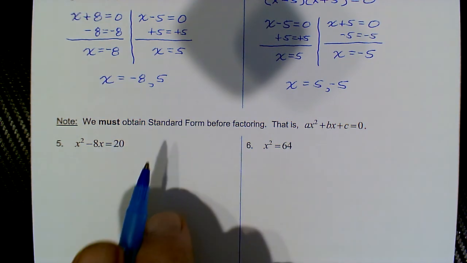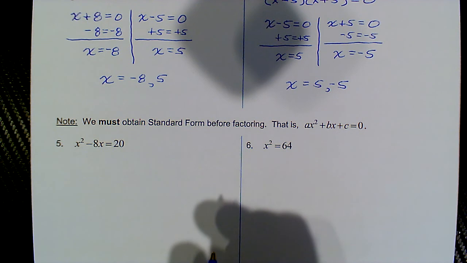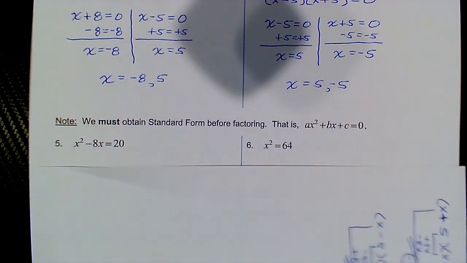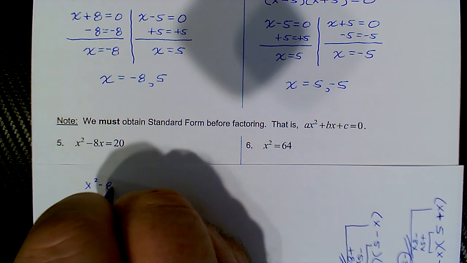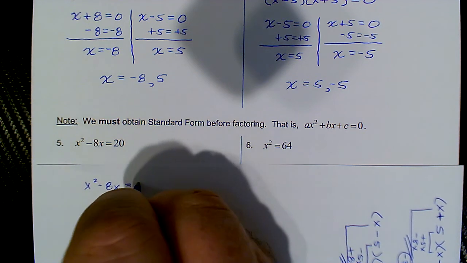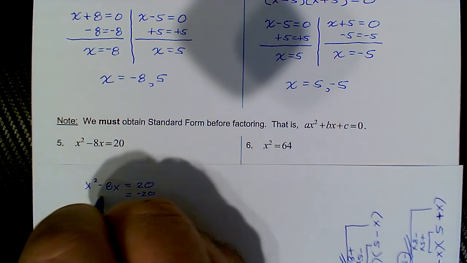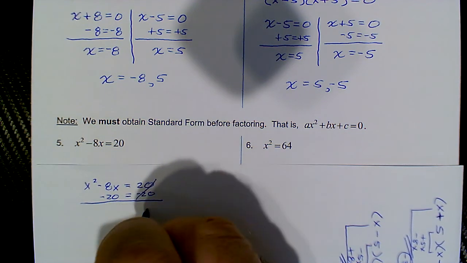Now, you could show that in one of two ways. You could show it literally, and I'm going to break out some scrap paper for this because I'd like you to be able to consider doing this mentally. If you show it literally, that's fine. You would subtract 20 from the right and subtract 20 from the left. And then on the right you get a 0.